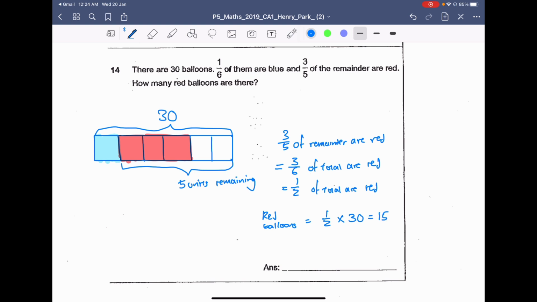Another method of doing this is basically to find the number of blue balloons, which is basically 30 times 1/6, which gives you 5. Find the remaining, find the number of balloons excluding blue.